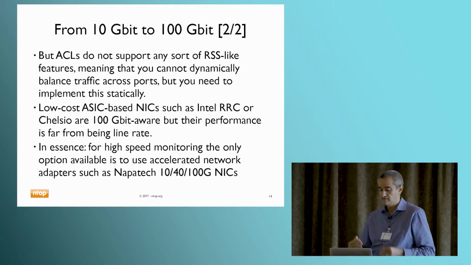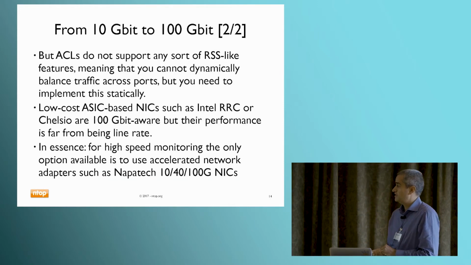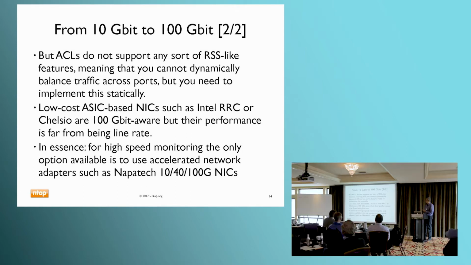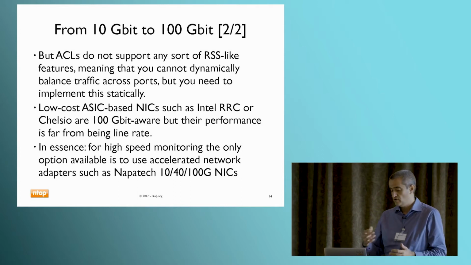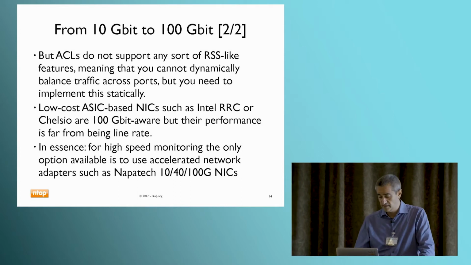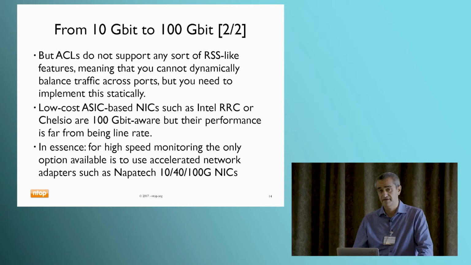So in our transition, we need to take into account that there are also low-cost ASIC-based NICs, compared to FPGAs, such as the Intel Red Rock Canyon or Cento, but they don't provide 100 gigabit. When we talk about 100 gigabit today, I talk about 100 gigabit line rate, 140-something million packets per second.